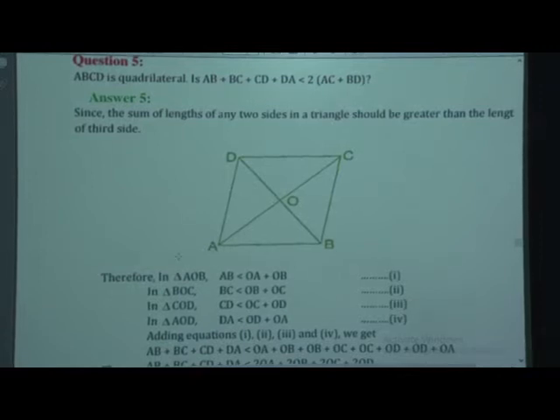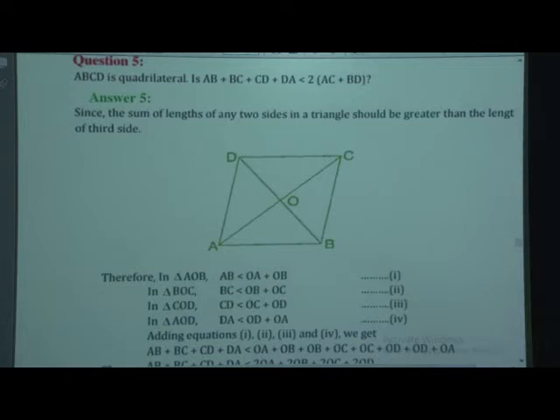AB is smaller than AO plus OB, or you can write OA plus OB is greater than AB. Both are the same, but we have to prove here that this is smaller than 2 times AC plus BD. So we are writing vice versa.